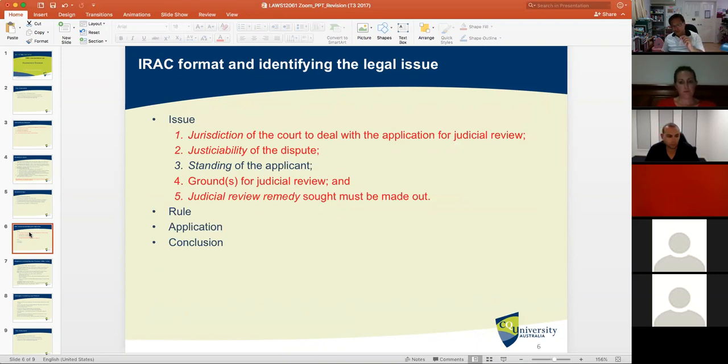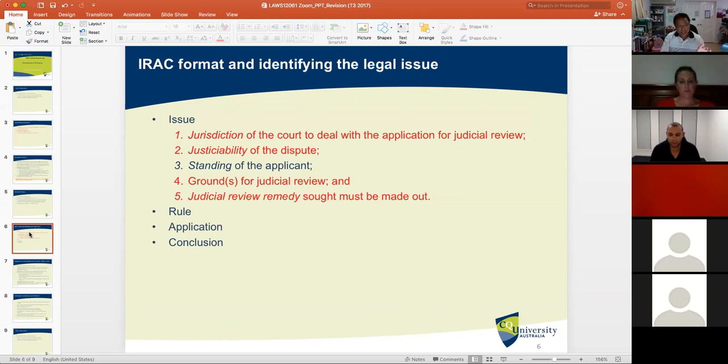The legal issue is crucial because by identifying the legal issue, you then know what the relevant rules are that will help us determine whether or not there is scope for judicial review and whether or not certain judicial review remedies are available. If you misidentify the legal issue, you will be unable to identify the legal rule, because the issue and the rule are always connected.